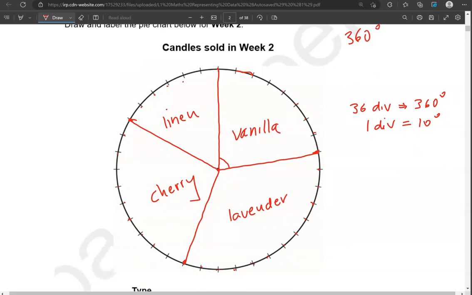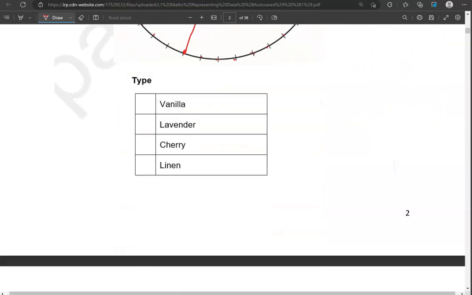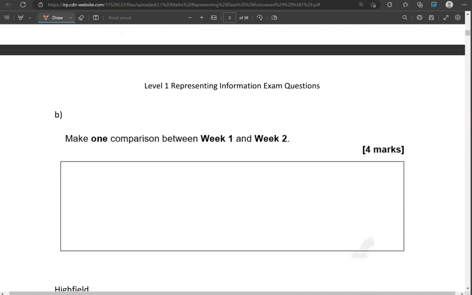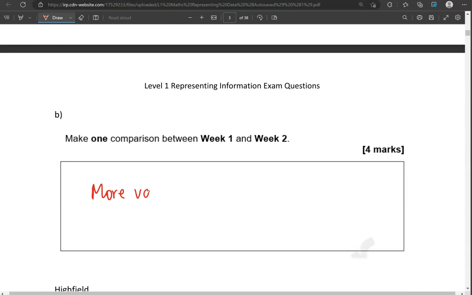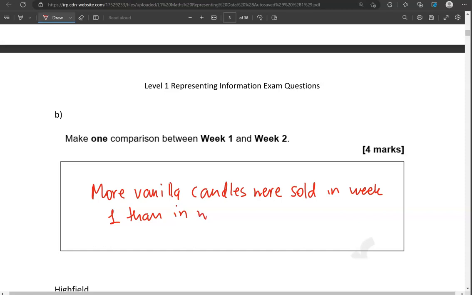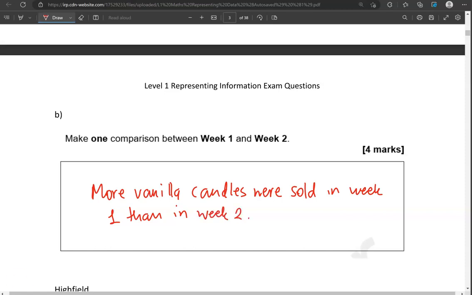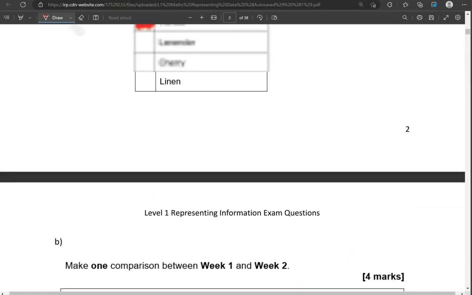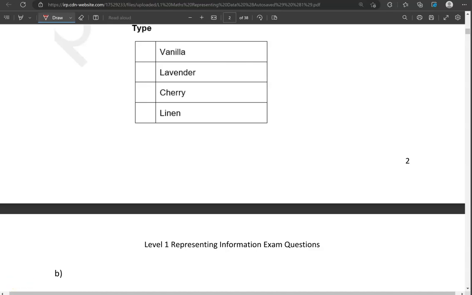So we can say that more vanilla candles were sold in week 1 than in week 2. My comparison referred to the vanilla candles, but you could do it on any of the other types that are here, like lavender, cherry or linen.